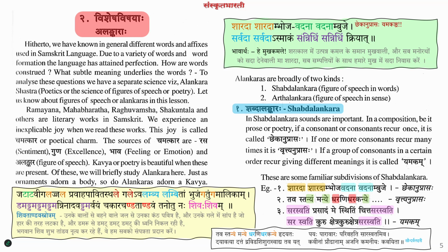Yeah, I am not able to appreciate the difference so much. It's there in the meaning, but I am not able to associate it precisely. Anyway, sab manorathon ke sada dene wali Ma Sharada. So Sarvada is one who gives everything. Sarvadasmakam, always. This sarvada is one who gives everything, and this sarvada also has the sense of always, which we know, both meanings.